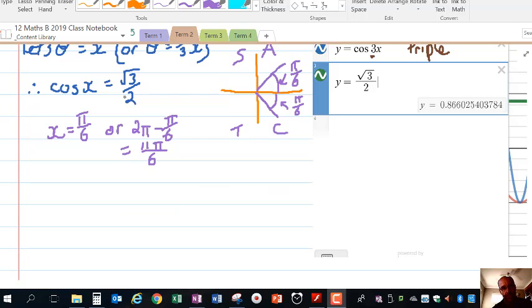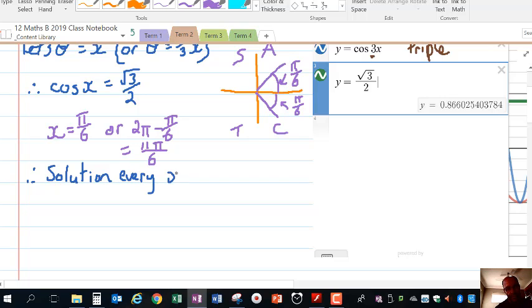So just putting aside the matter of the restricted domain at this stage, it basically means we'll have coterminal solutions every time x equals pi on 6, or x equals 11 pi on 6. But how do we account for the increasing number of rotations, revolutions around?